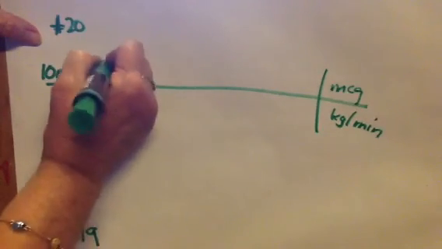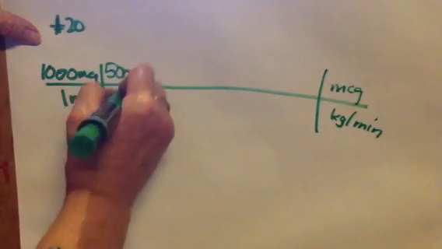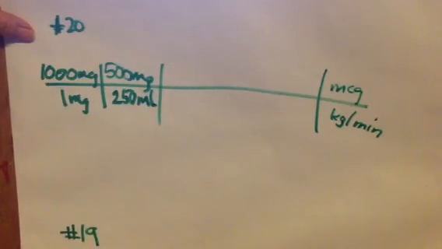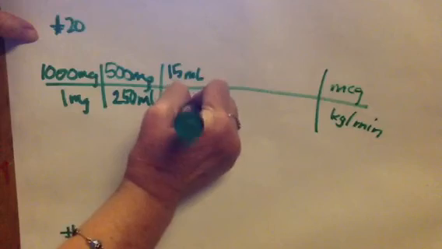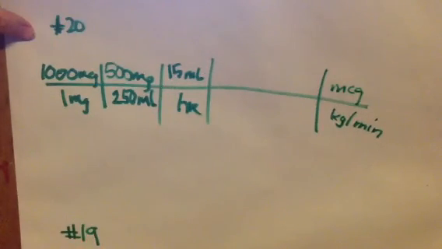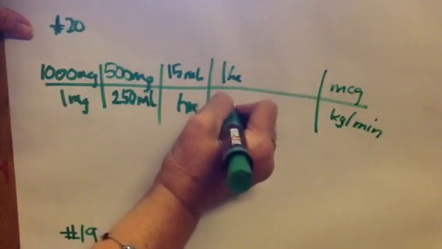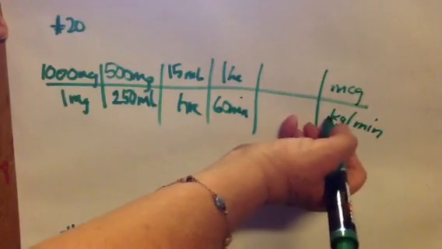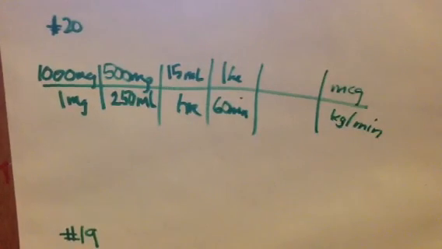Then we have 500 milligrams that are in 250 milliliters of fluid, running at 15 milliliters per hour. We have 1 hour is 60 minutes because we're going to need minutes on the bottom. We already have our weight in kilograms, so we don't need a conversion there. And we know it goes on the bottom because we need kilograms on the bottom.